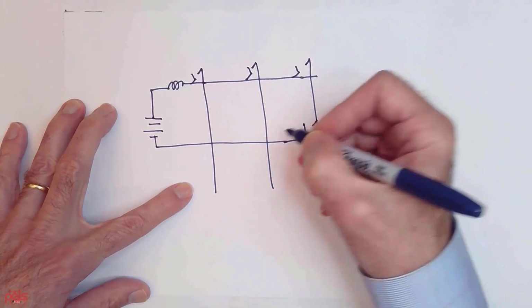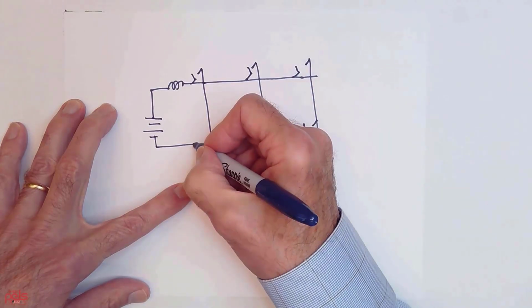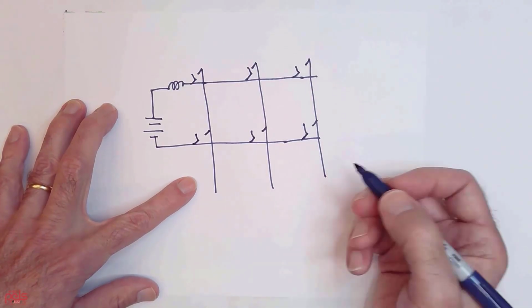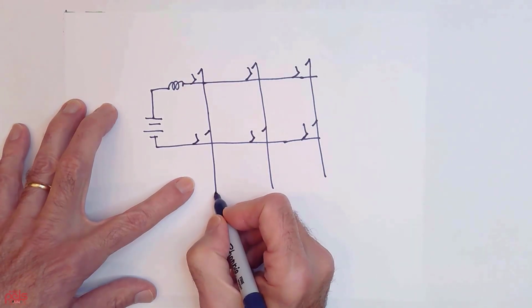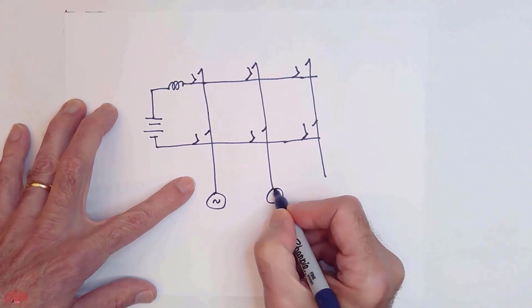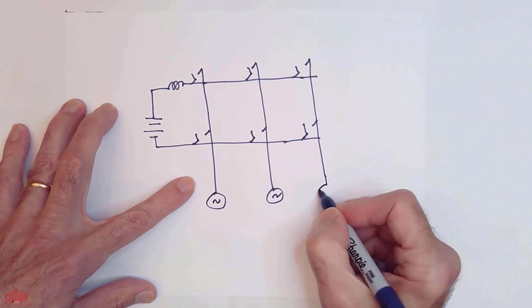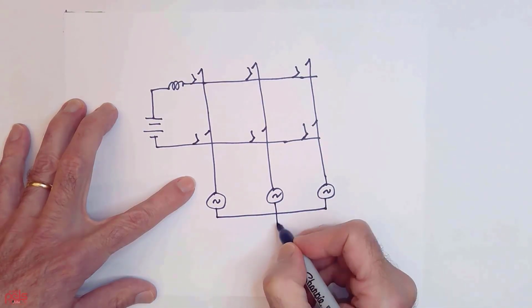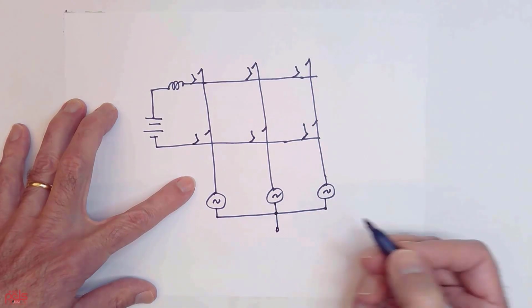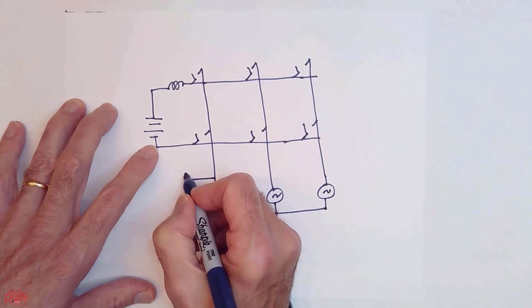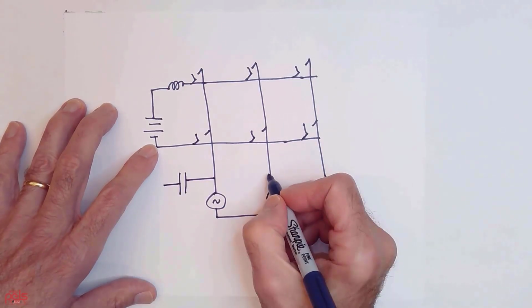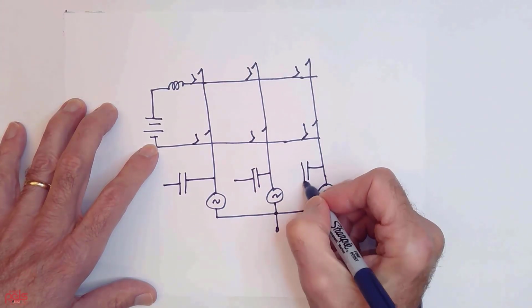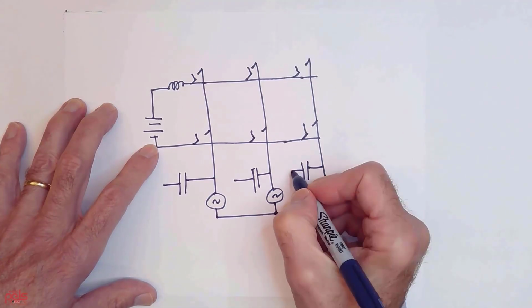For example, if I'm connected to the grid, I have very long connections. I have multiple meters I have to deal with. And therefore, I'm going to need some kind of interface, for example, to decouple connecting inductances and that sort of thing. So the current source inverter, I'm really going to want to have capacitances probably back to the same neutral point.